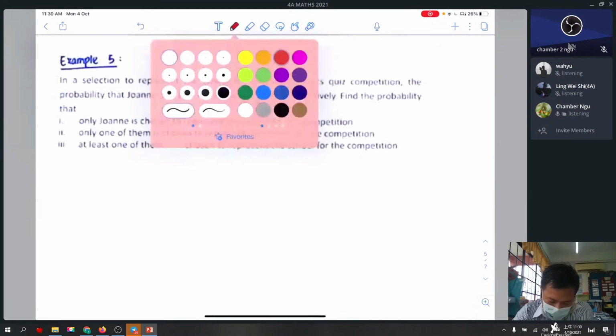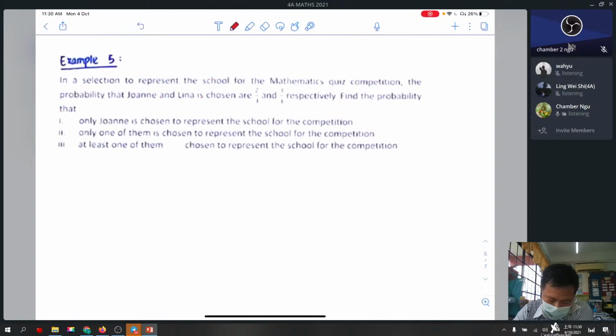In a selection to represent the school in the mathematics quiz competition, the probabilities that Joanne and Lina are chosen are 2/3 and 3/4. Find the probability that only Joanne is chosen to represent the school for the competition.